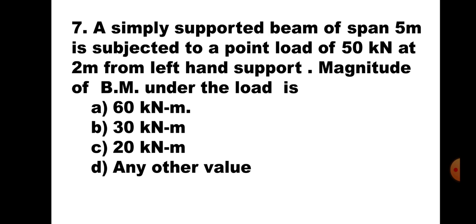This is a simply supported beam carrying a point load not at the center, and the bending moment under the load in this case is WAB by L, where W is 50, a is 2 meter, b is 3 meter, L is 5 meter. If you put all these values, it will be 50 into 2 into 3 divided by 5, and the answer will be 60 kilonewton meter. Hence, the correct answer is A, 60 kilonewton meter.